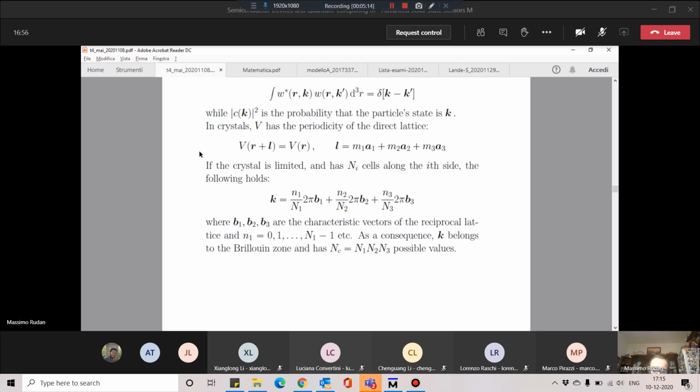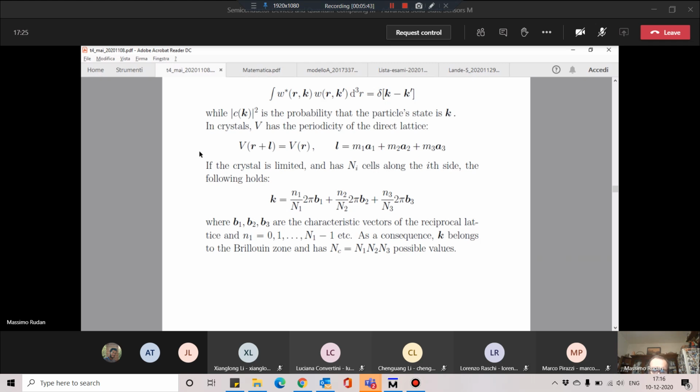And number two, when we impose the periodic boundary conditions, the coefficients of k become discrete, become ratios of integers to other integers. So the numerators are the small n1, n2, and n3. And the denominators are capital N1, capital N2, capital N3.